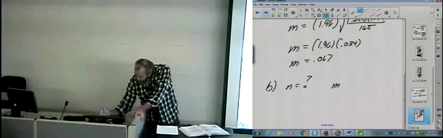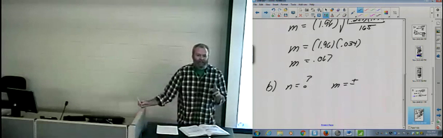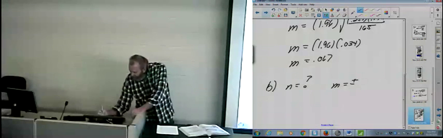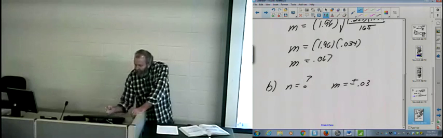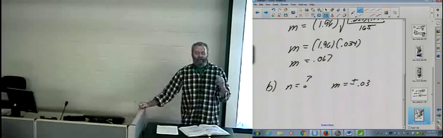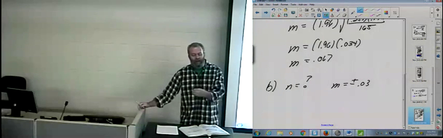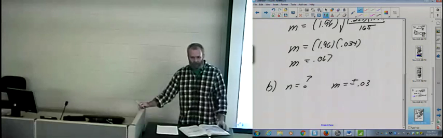You want the margin of error to be plus or minus, and you can't use 3%. You've got to turn that into a decimal, plus or minus 0.03. Things are usually given to you in terms of percentages here, but everything is calculated and done in terms of proportions. Move the decimal place.